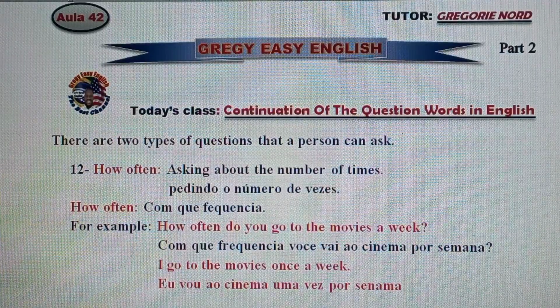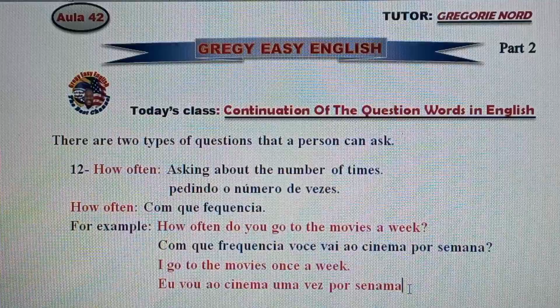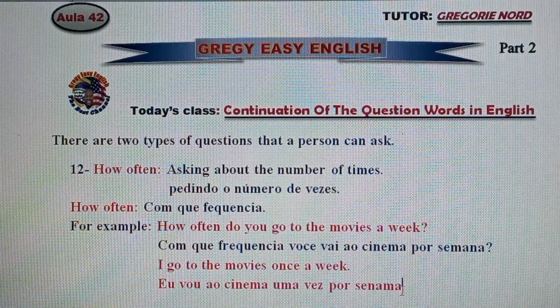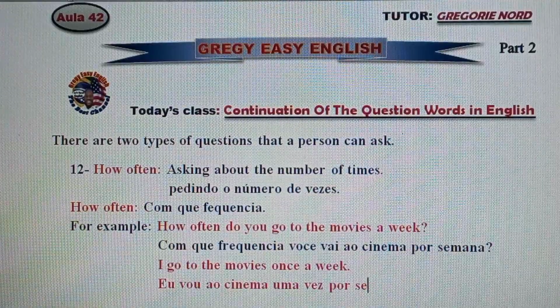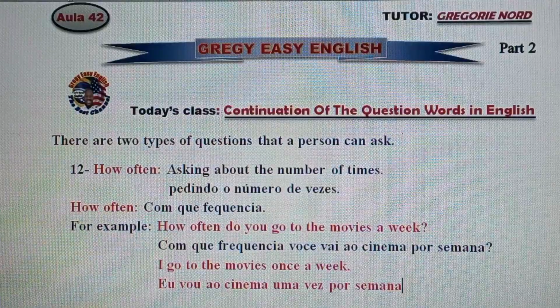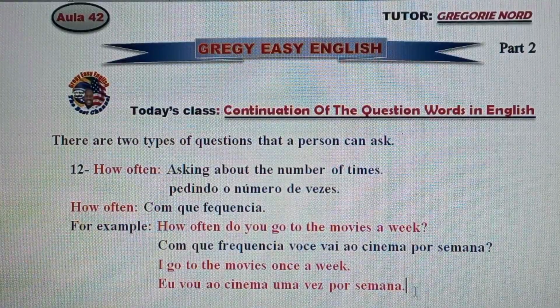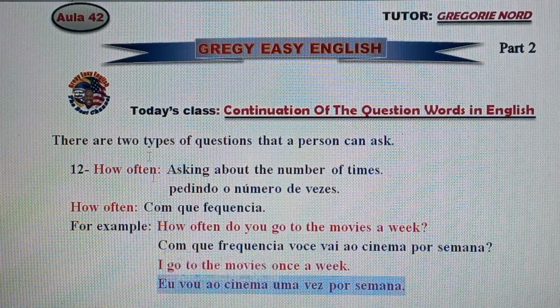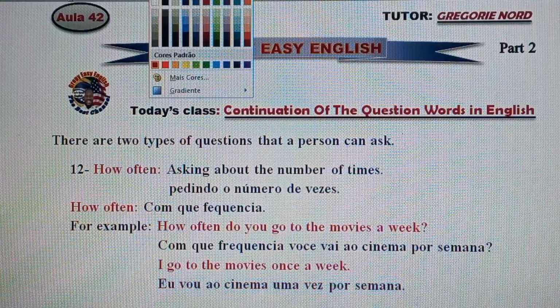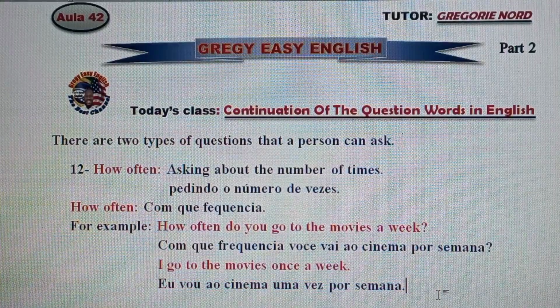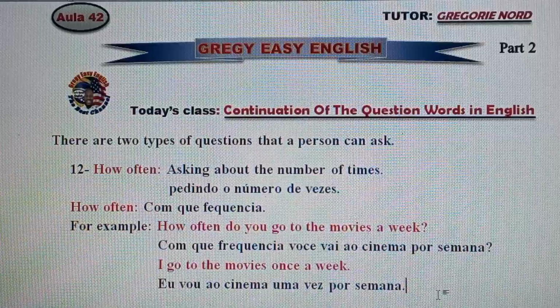Significa eu vou ao cinema uma vez por semana. Ok? Eu vou ao cinema uma vez por semana. Ok, guys? How often significa com que frequência.